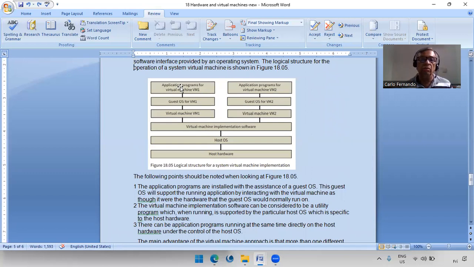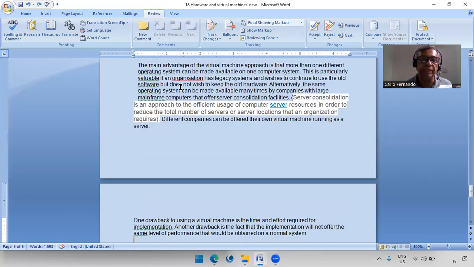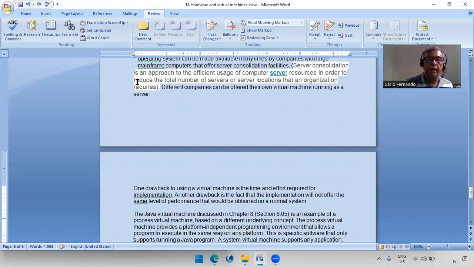So initially, it's very difficult. One drawback to using a virtual machine is the time and effort required for implementation. Another drawback is that the implementation will not offer the same level of performance that would be obtained on a normal system.